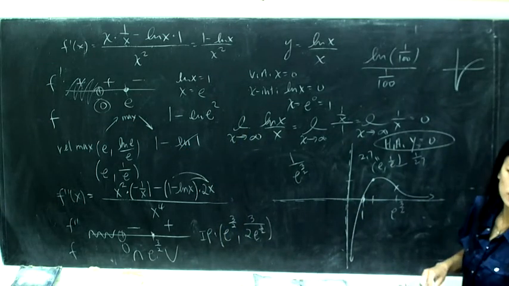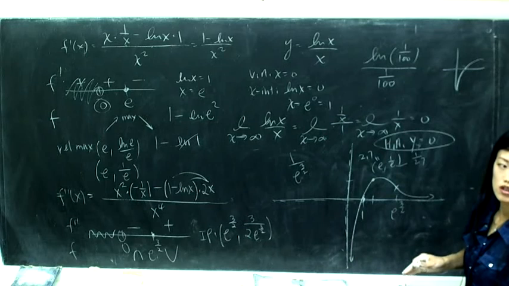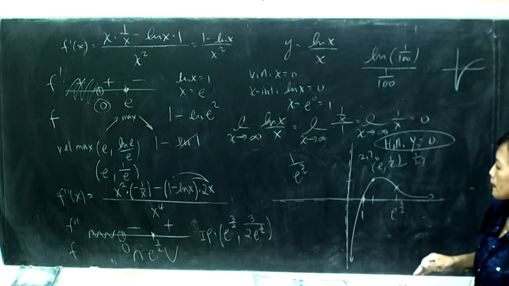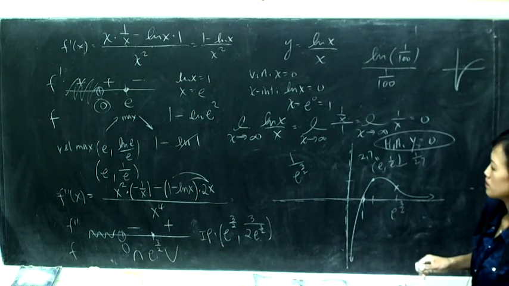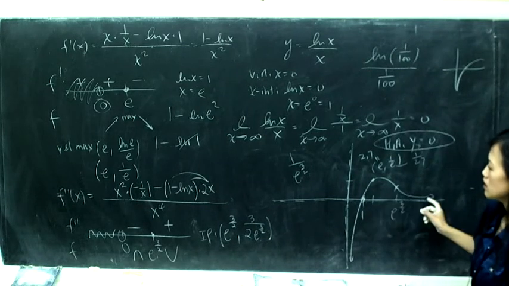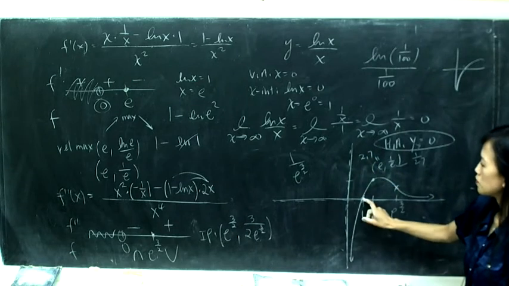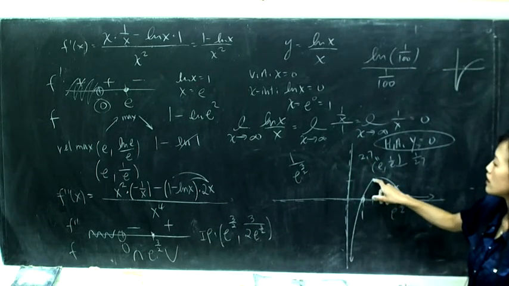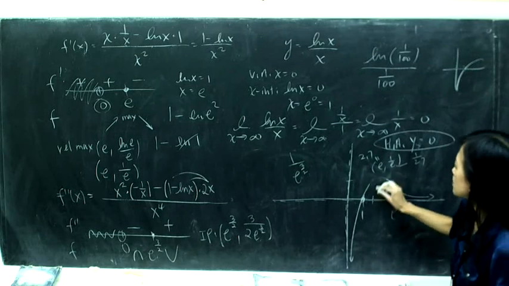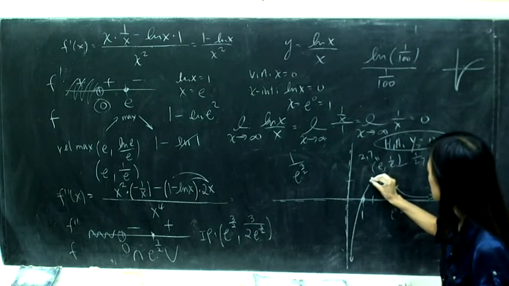You can always pass horizontal asymptotes, never verticals. Vertical asymptote, you can't go. 1, this one, e, 1 over e. Yes, I was trying to go to the max. Not the best graph, okay.